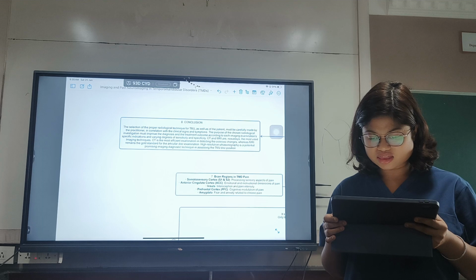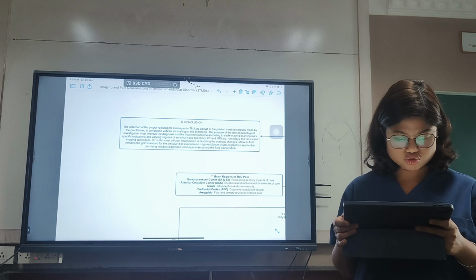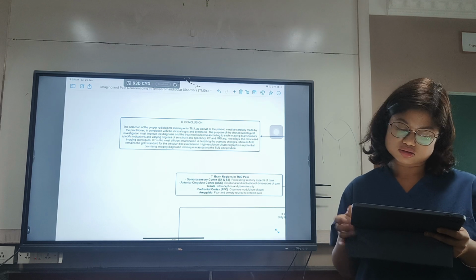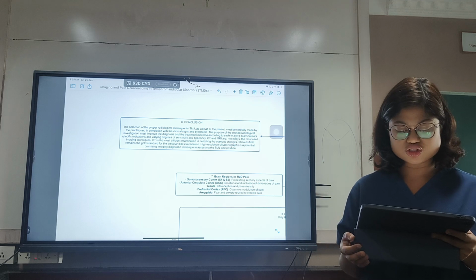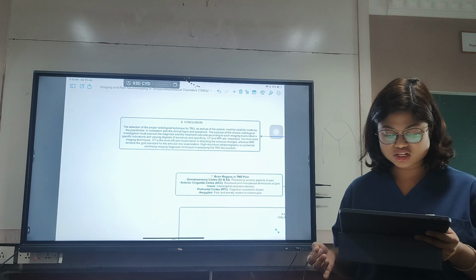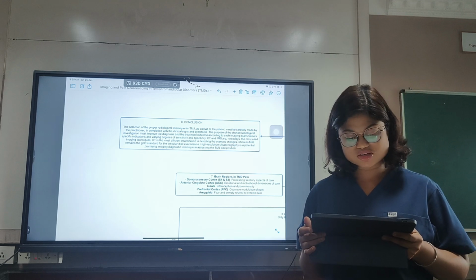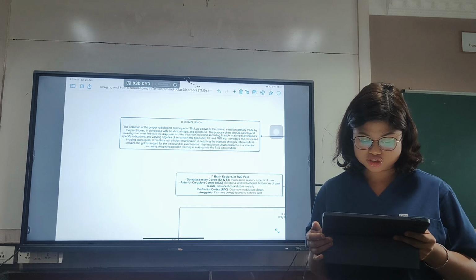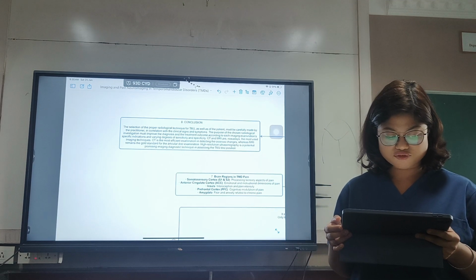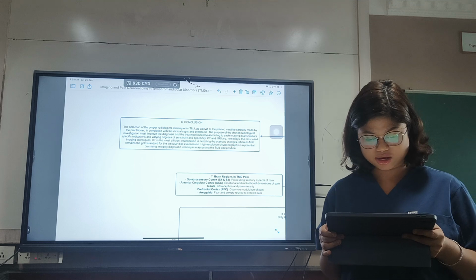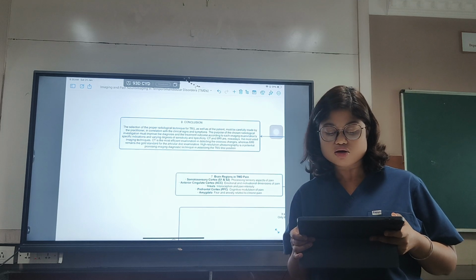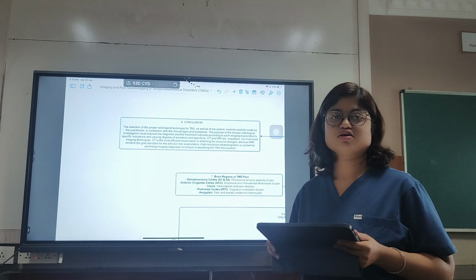Now, CT and MRI are nowadays the most used imaging techniques. As discussed, CT is most efficient in the examination of osseous changes, whereas MRI remains the gold standard for articular disc examination. High resolution ultrasonography is a potentially promising imaging diagnostic technique for imaging TMJ disc position. Thank you.